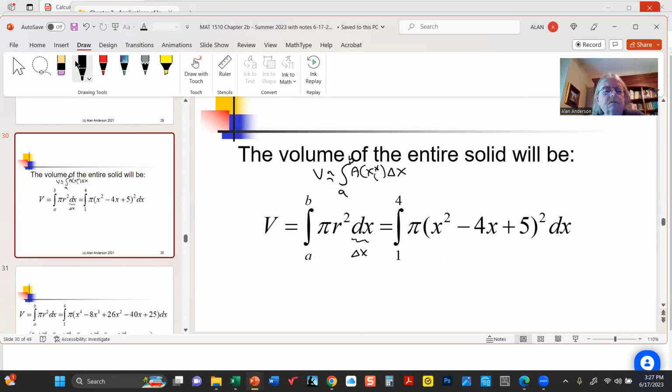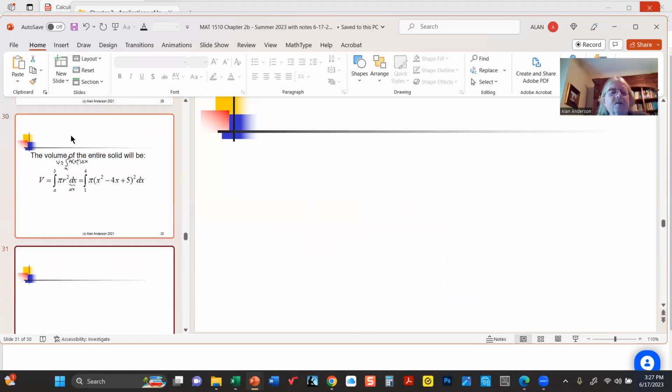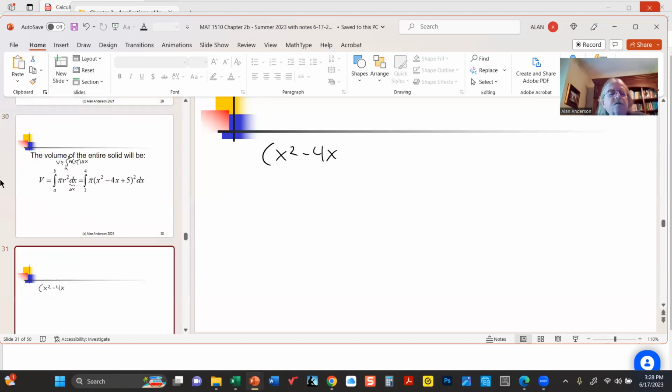So here's a technique that I don't know. This is something that I've asked my classes about before. If anybody has done it this way, x squared minus 4x plus 5.